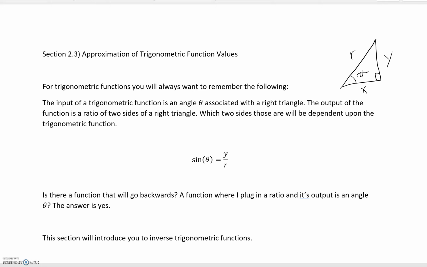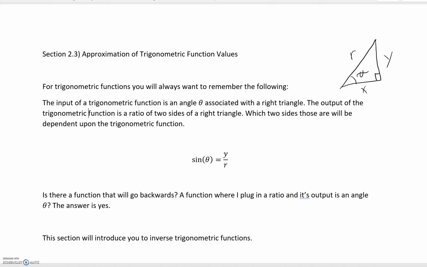The output of the trigonometric function is a ratio of two sides of a right triangle. Which two sides those are will be dependent upon the trigonometric function. So for example, the sine of theta is equal to the opposite over the hypotenuse, or y over r.